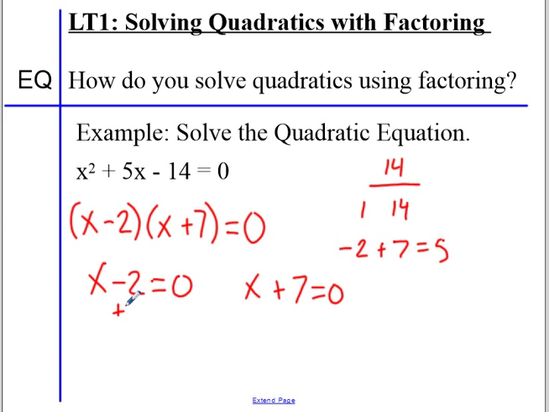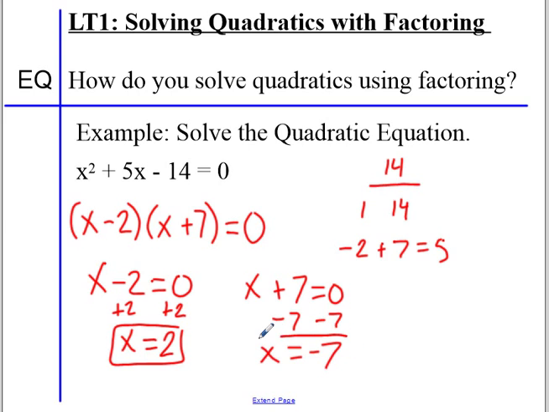In this problem, we're going to add 2 to both sides, and my final answer is x equals 2. In my other problem, I minus 7 to both sides, and my final answer is x equals negative 7. So when you solve a quadratic, you actually end up with two answers, not just one answer for x.